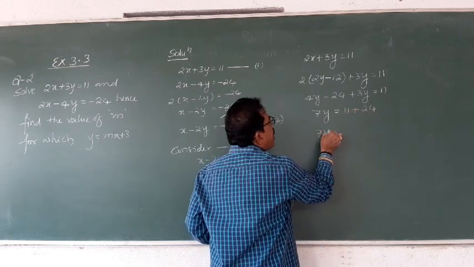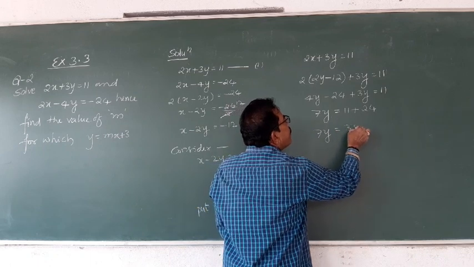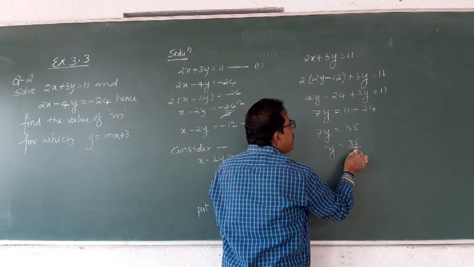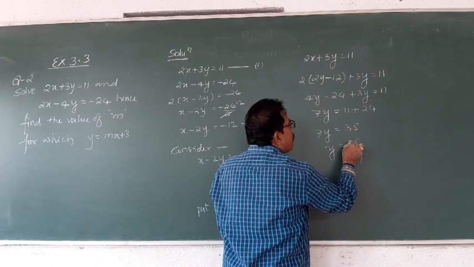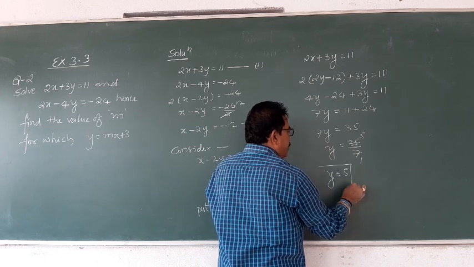Okay, 7y equals to 35. Therefore y equals to 35 by 7. 7 ones are 7 5s are. y equals to 5.